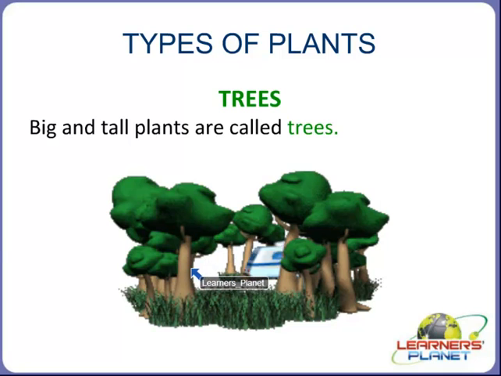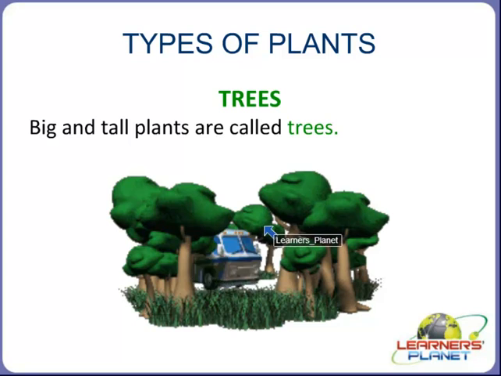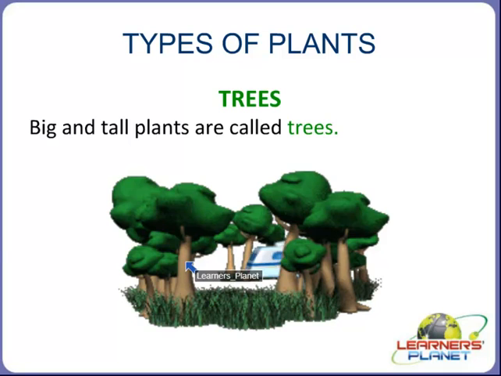Trees have strong and woody stems, which are called as trunks. And most of the trees have branches. So, here we can see that there are big and tall plants. And so, they are called as trees.